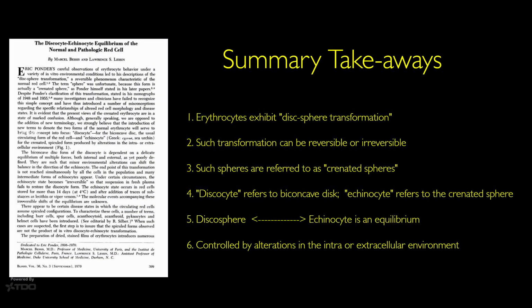So the summary of this is: erythrocytes exhibit disc sphere transformation. The transformation can be reversible or irreversible. They're referred to as crenated spheres. The discocyte refers to the biconcave disc. The echinocyte refers to the crenated sphere.